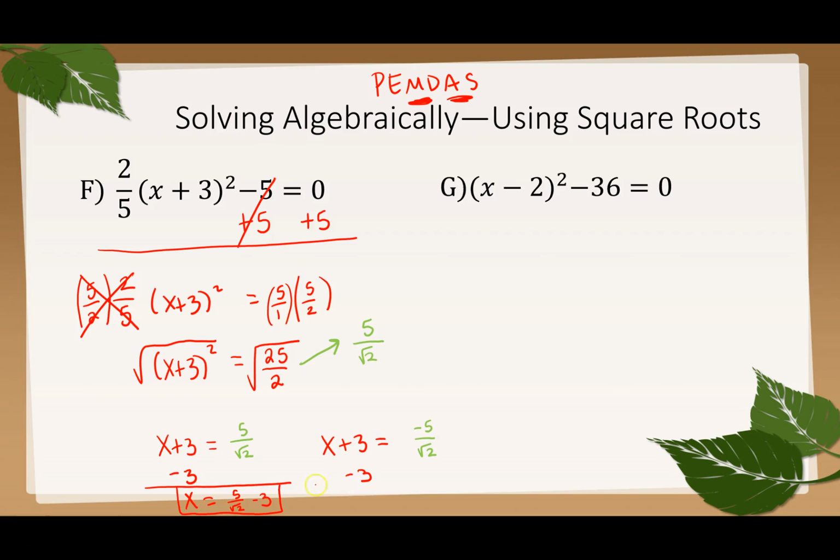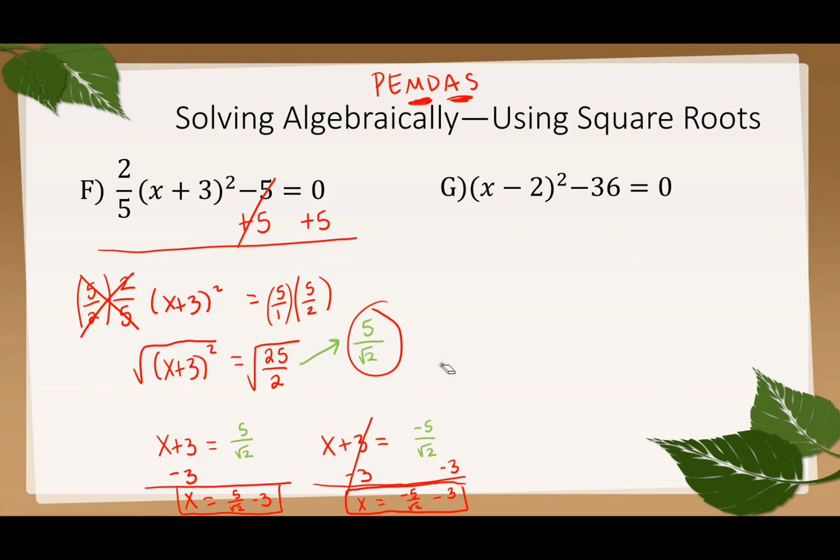Over here, my final answer is going to be, that disappears, x equals negative 5 over root 2 minus 3. See, I've got to do that to both sides. Now, we're going to learn later that this is not the ideal way to write this. We're going to learn how to rationalize the denominator, meaning not have a square root in the denominator, but for now, no need to worry about it.